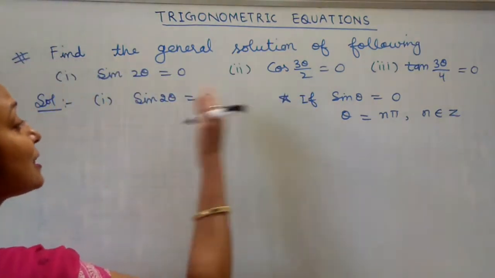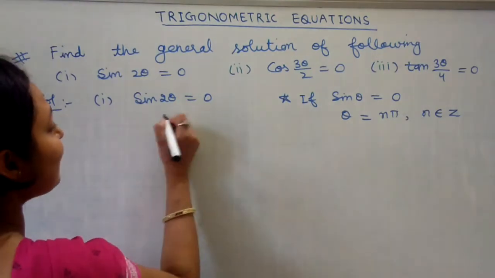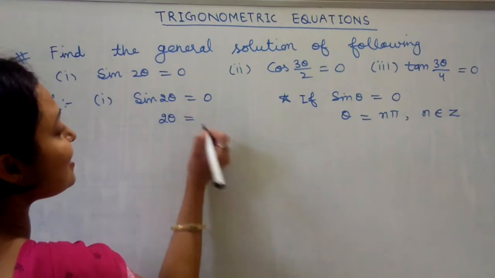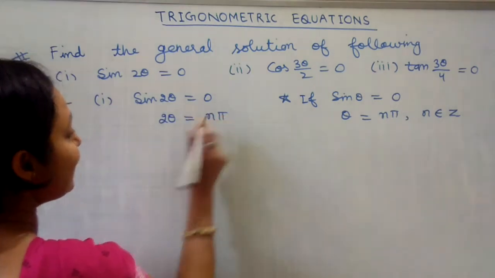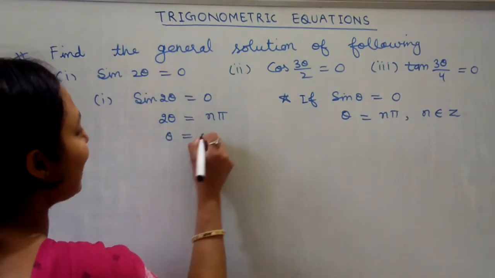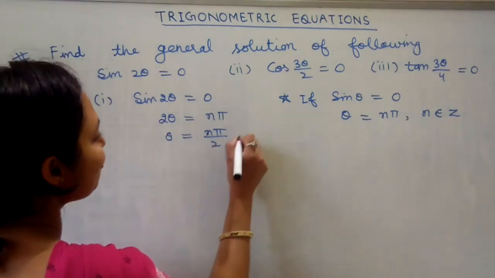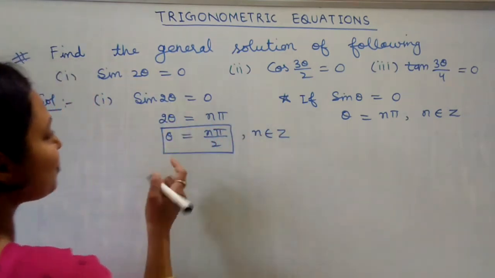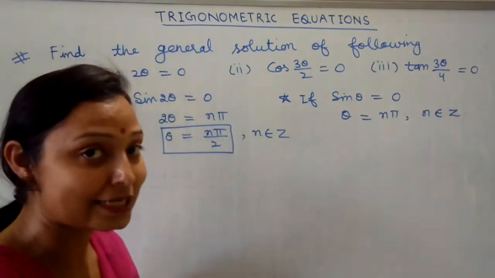I will apply this formula in this question. The angle in this place, 2 theta, will equal n pi, but I want the value of theta, so you have to divide by 2: n pi by 2, where n belongs to integer. So this is the general solution of the given first question.